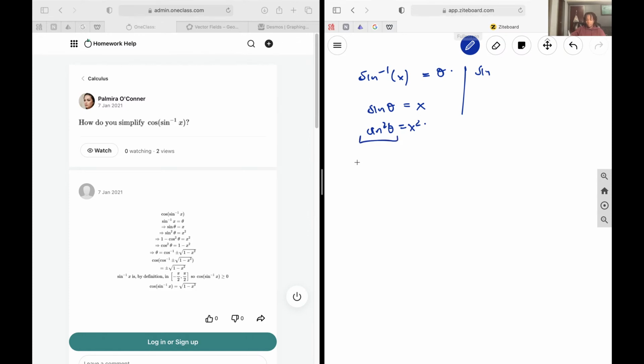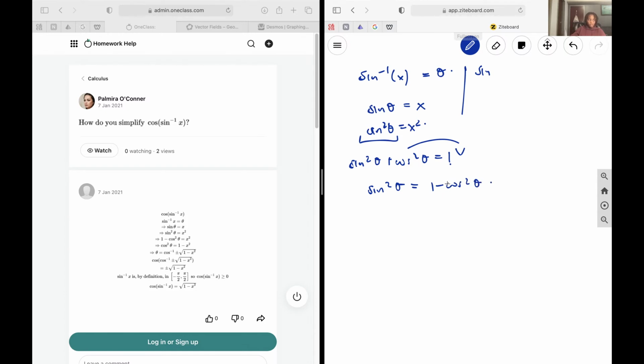Now we have an identity for this, where we know that sine squared theta plus cos squared theta is equal to 1. So I'm just going to move that over to get sine squared theta is equal to 1 minus cos squared theta.